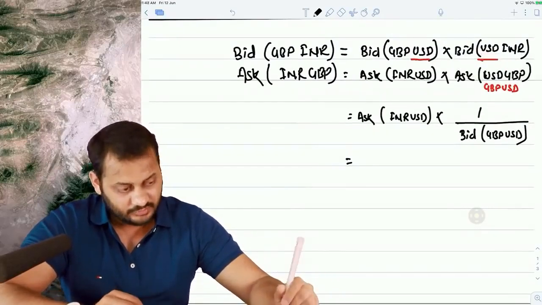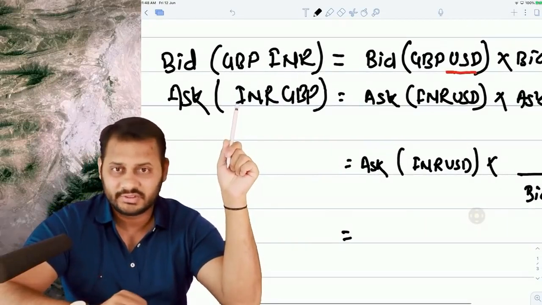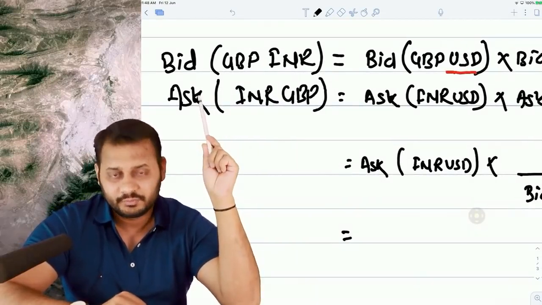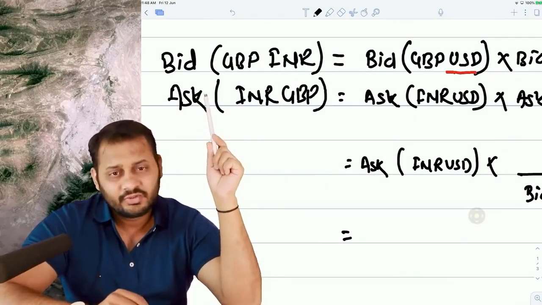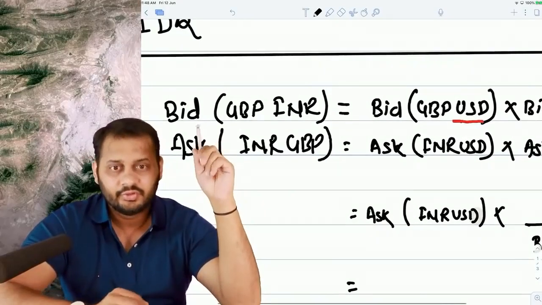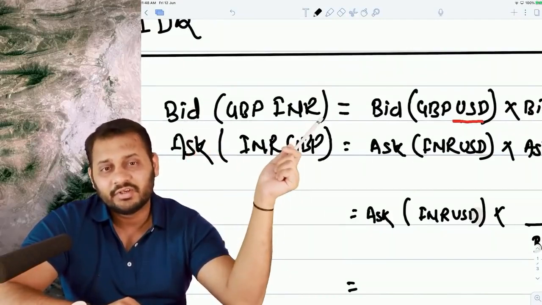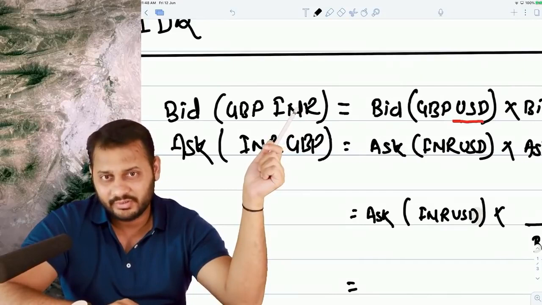So summarizing the steps, whenever you need to find out the cross rates, you can take bid of this and ask of this, anything, the answer will be same. Whatever you do, you need to make sure that if your requirement is bid, the equation on the right hand side should also be bid.